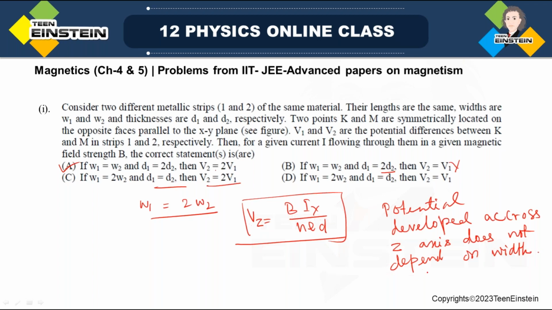Okay, does not depend on the width. That's how, whenever D1 and D2 are equal, then V1 and V2 are equal. So this option D will be correct here. This option will not be correct. So option D is correct, because it does not depend on the width itself directly.